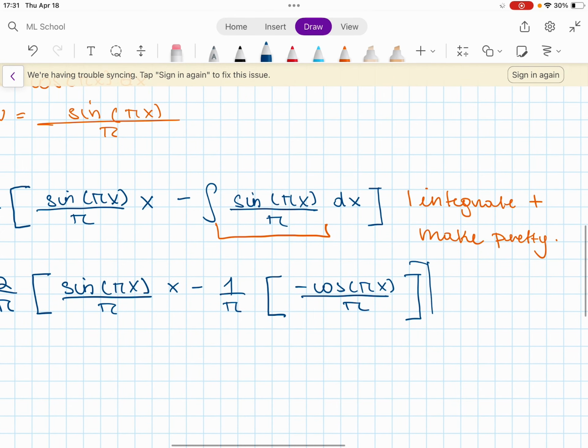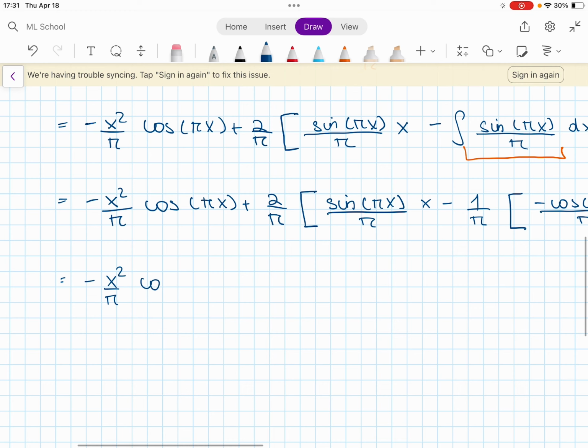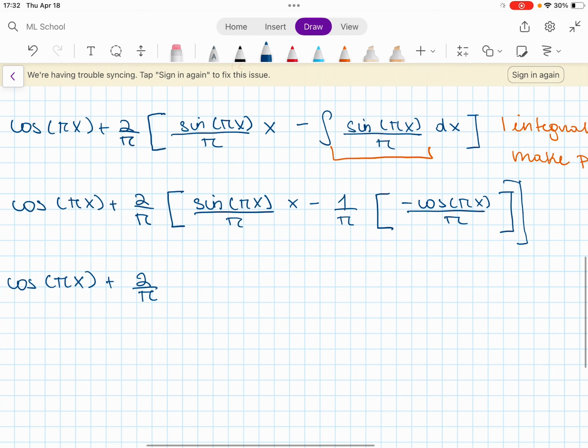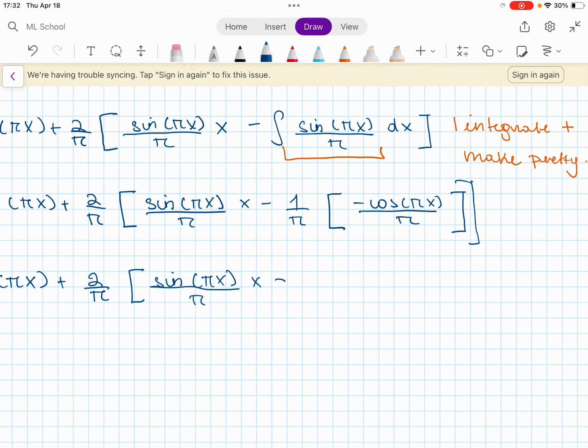So we copy again, minus x squared divided by pi cosine of pi times x plus 2 divided by pi, and then I'm just gonna multiply this. Just gonna solve this, and then sine of pi x divided by pi, and then times x minus, and then here, minus, it's plus.